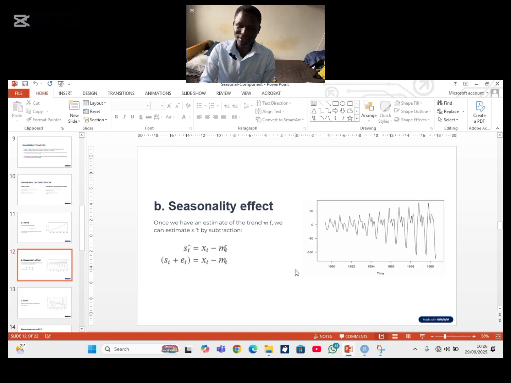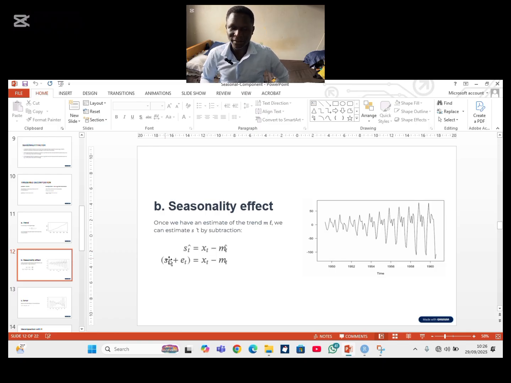Just to put it to your notice, when you remain with this seasonality effect, that doesn't mean you are done. This seasonality will remain with some kind of error term. Some authors call it noise in your series, right? Yes.